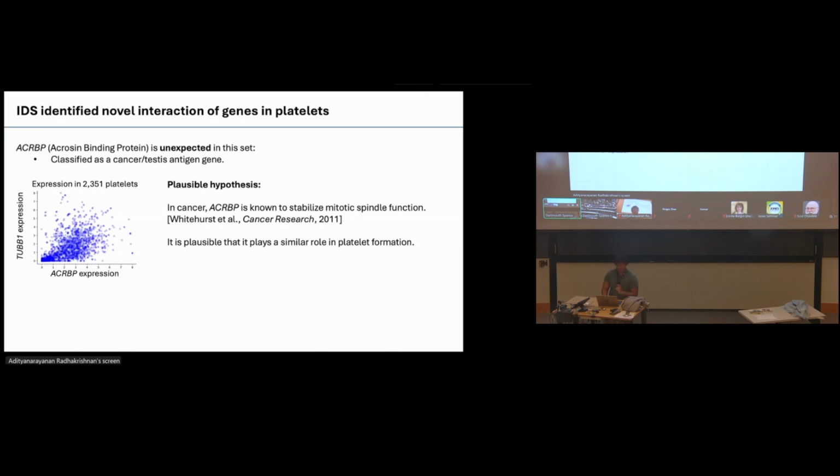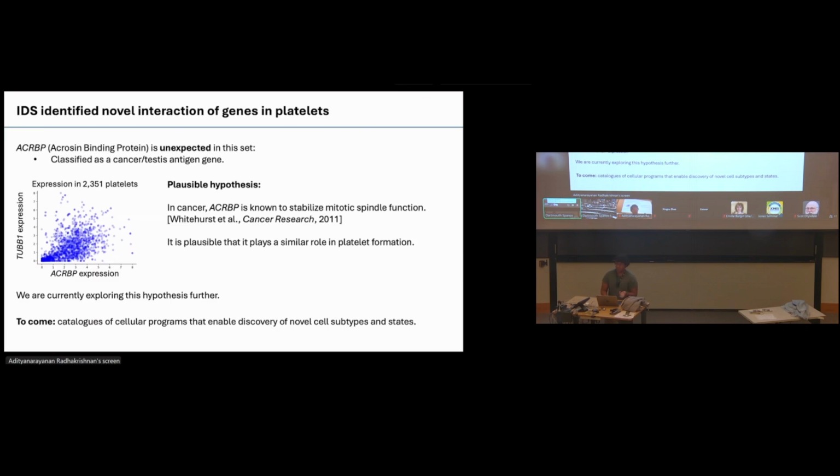And it's quite plausible that it plays a similar role in platelet formation, because platelets bud off of a specific cell. That's how they're produced, and that cell has very, very duplicated chromosome content. So this is something that we're exploring further with the Broad, and we're running some interesting protein expression experiments to see whether this is occurring and what its role is in stabilizing platelet formation.